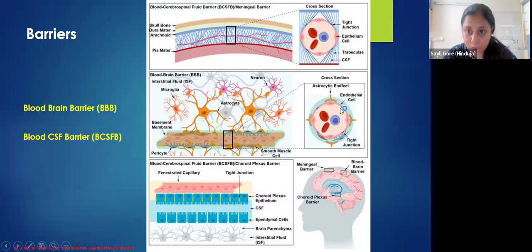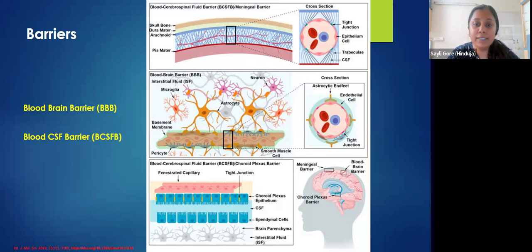The blood-brain barrier is composed of the astrocytes and pericytes, which form the barrier that separates the blood from the interstitial fluid and the spaces of the brain. And there is a blood-CSF barrier. The arachnoid and the choroid plexus barrier separates the blood from the CSF.